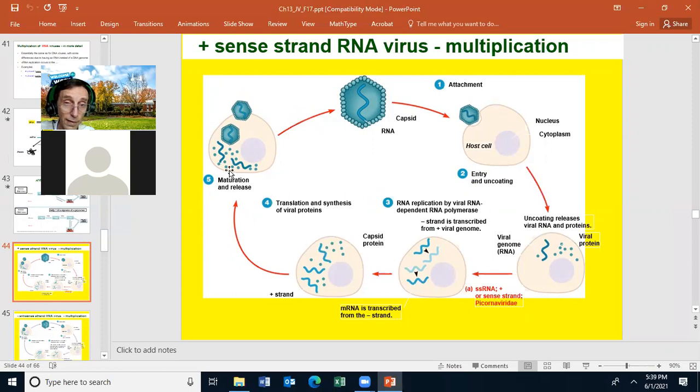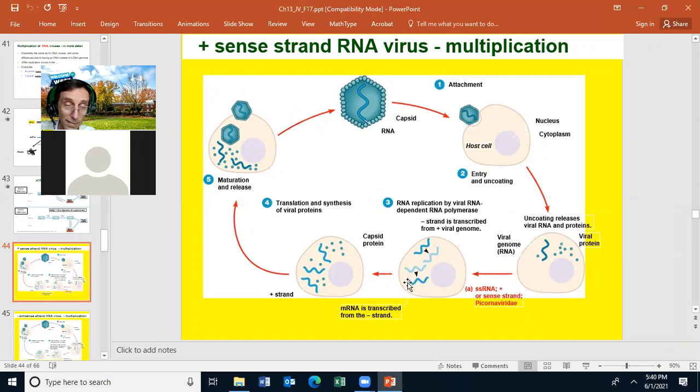for the new virions. The positive strand RNA genome will be used to make the negative strand RNA, and then the negative strand RNA will be used to make more of the positive single-strand RNA genome.